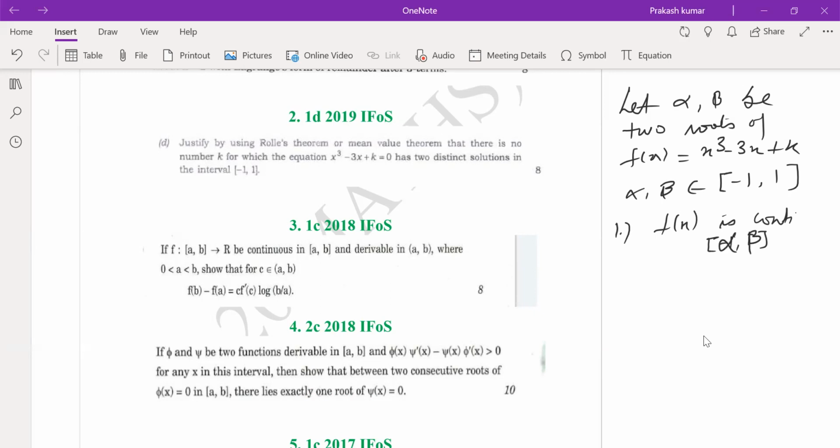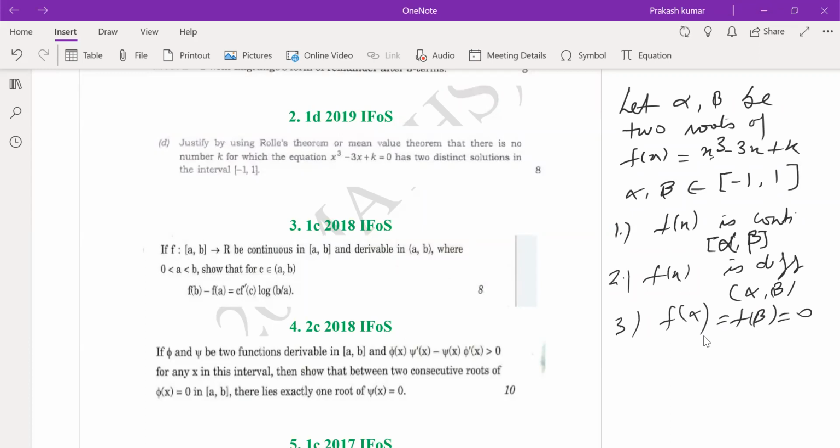f(x) is continuous on [alpha, beta] because f(x) is a polynomial function. A polynomial function is always continuous and differentiable, so f(x) is also differentiable in (alpha, beta). And the third condition is that f(alpha) = f(beta) = 0.